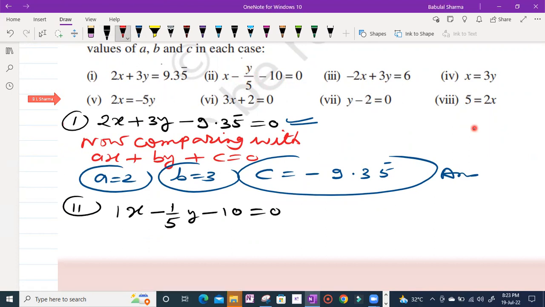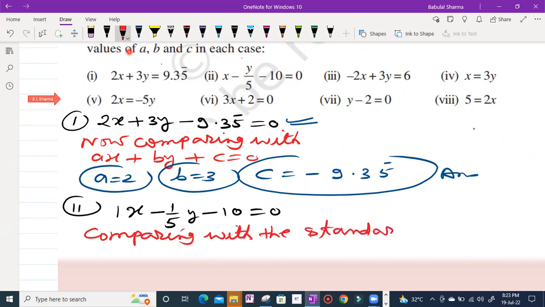Now comparing with, इसको कंपेयर करेंगे with the standard form. और स्टैंडर्ड फॉर्म है ax plus by plus c is equal to 0.